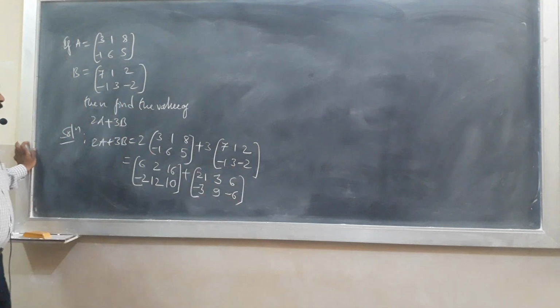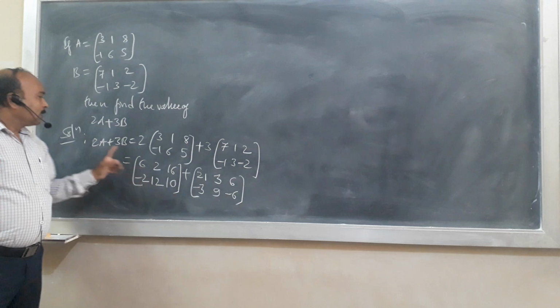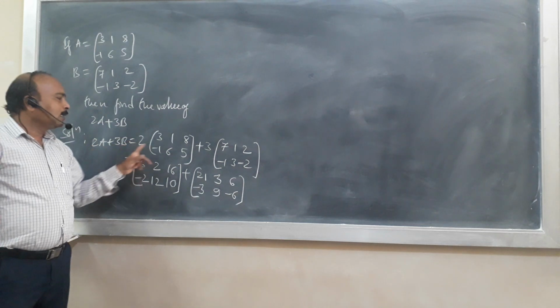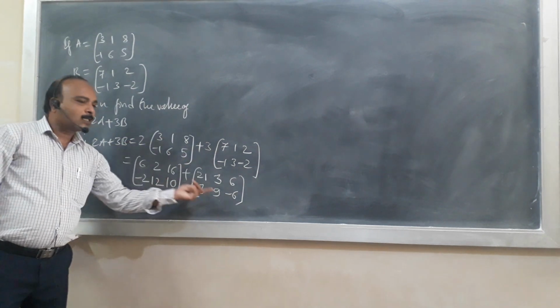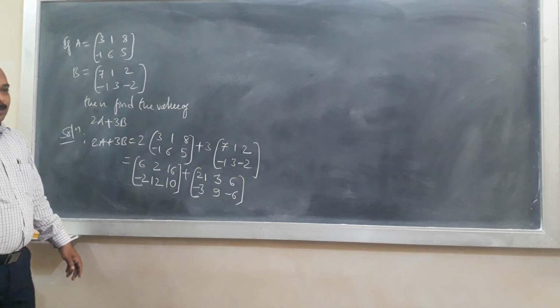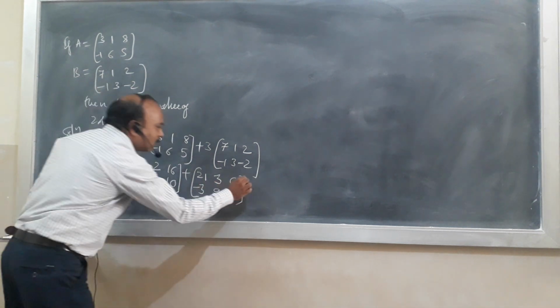Now we can add these two matrices. 2A is one matrix and 3B is also one matrix, and both have the same order. Now we can add these two by the addition law of matrices.